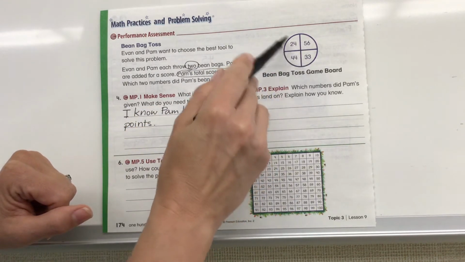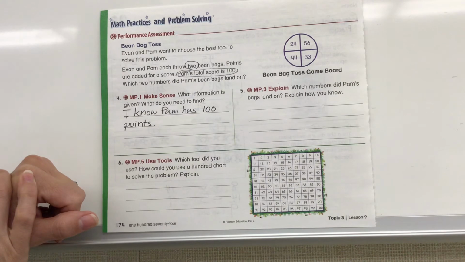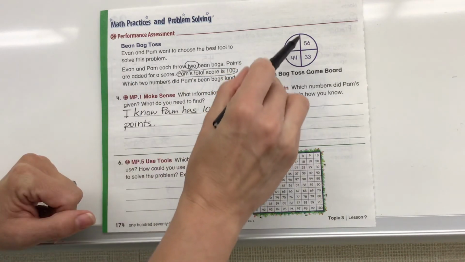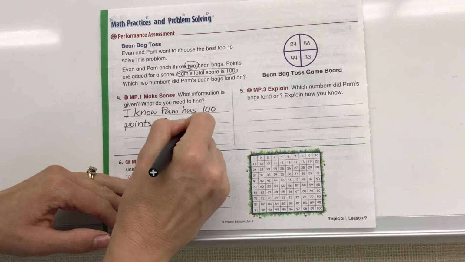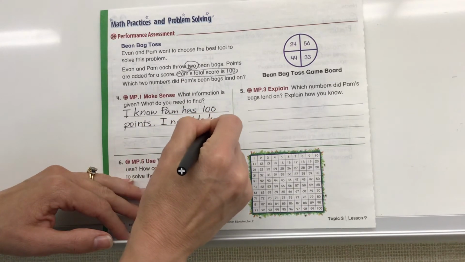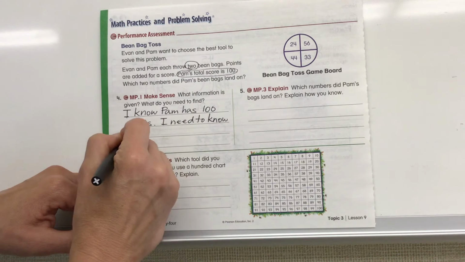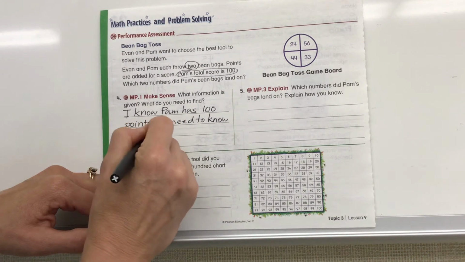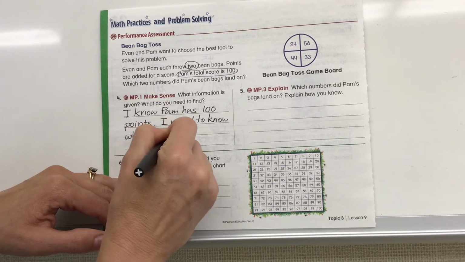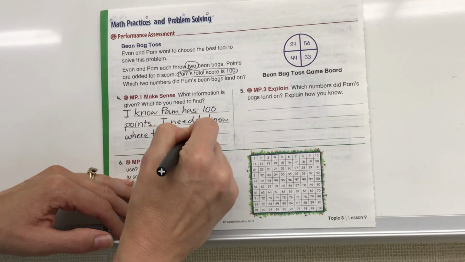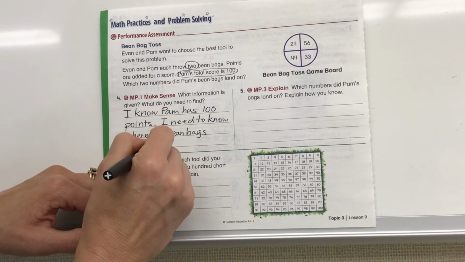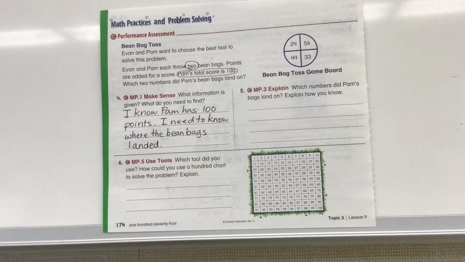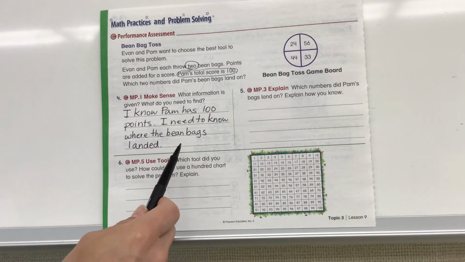I need to know which two places, which two scores that she landed on. I need to know where the bean bags landed. Okay? I need to know where the bean bags landed.